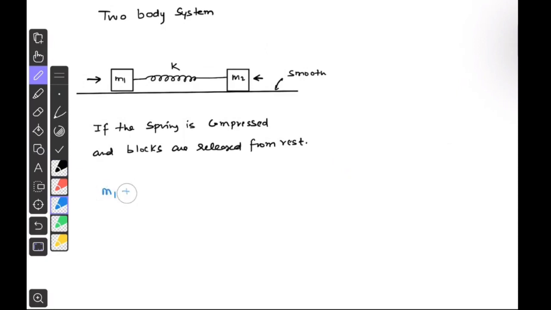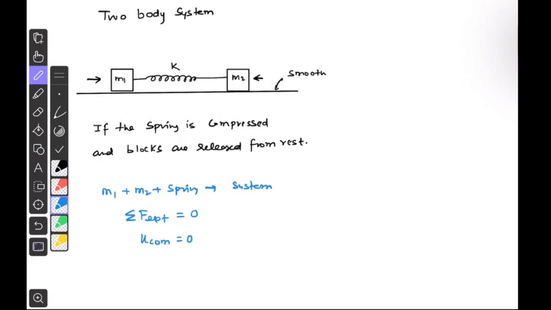So if I consider M1, M2 and the spring, which is massless, as our system, what is the net external force acting on the system along the horizontal? Zero. And what is the initial velocity of the center of the mass just after releasing it? Zero. So the velocity of the center of the mass will remain zero only.